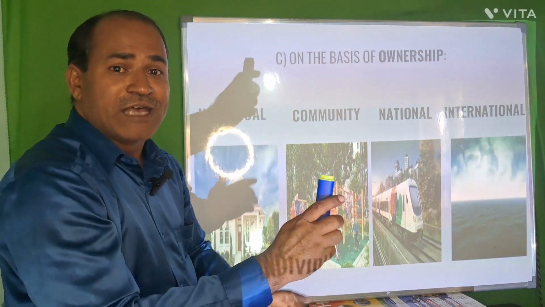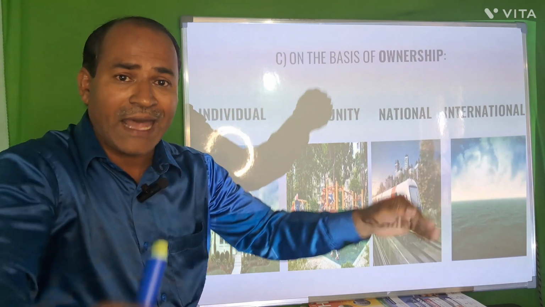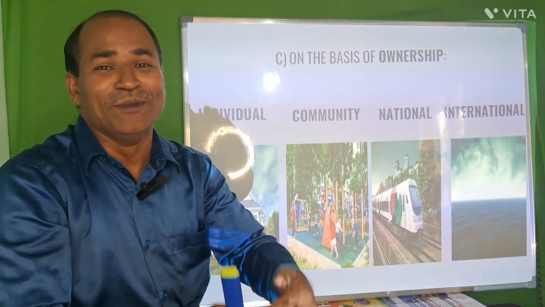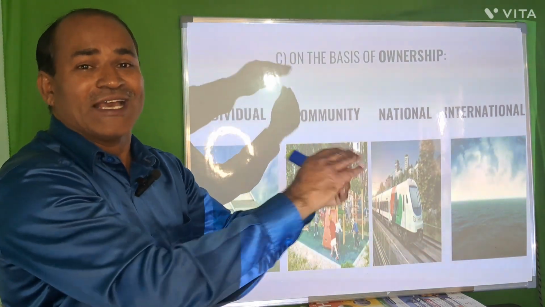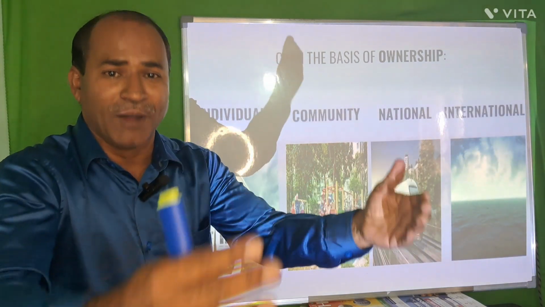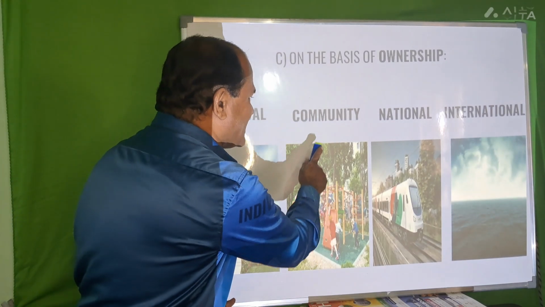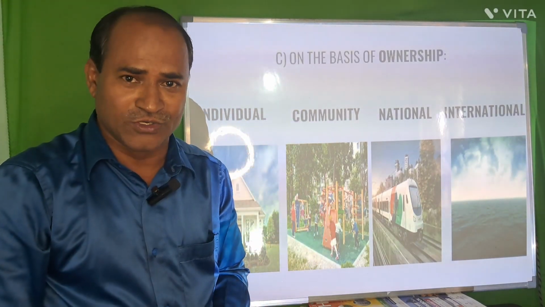Like that, one more example is a public park. People of that locality, that particular community, can utilize the public park, open well, playground, or burial ground. So these are examples of community resources.